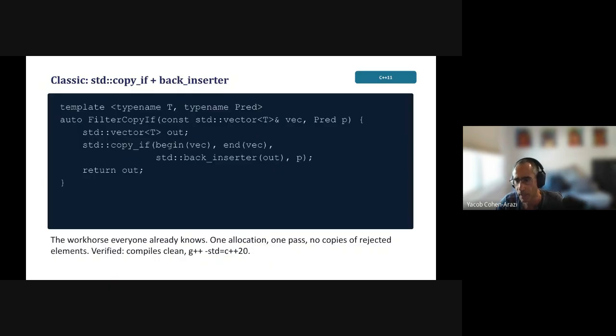So copy_if the predicate holds, we use back_inserter as an adapter, and basically it pushes back on the output, and then we're returning out. Hopefully this would be aligned, the copy here to the return value. Works well, very simple.